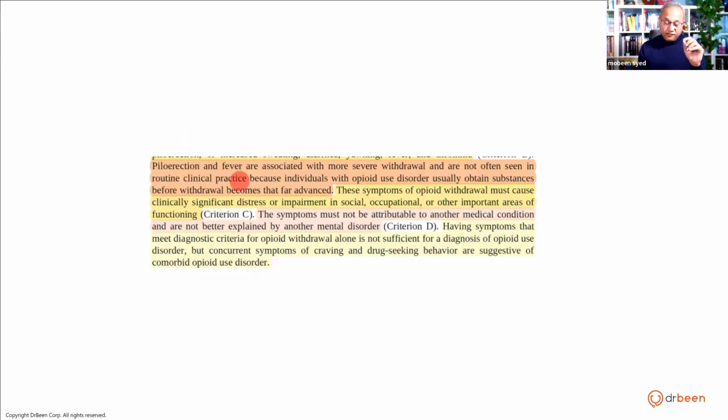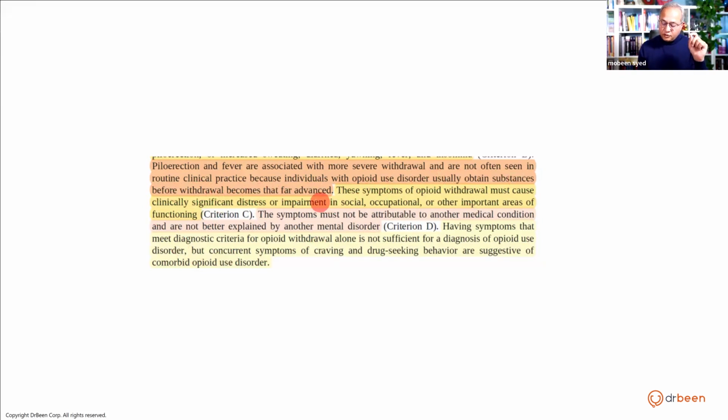The piloerection and fever are associated with more severe withdrawal and are not often seen in routine clinical practice. So goosebumps and the fever are often with more severe withdrawal, and usually not seen in clinical practice, because individuals with opioid use disorder usually obtain substances before withdrawal becomes that far advanced.